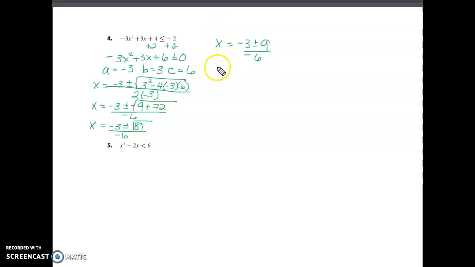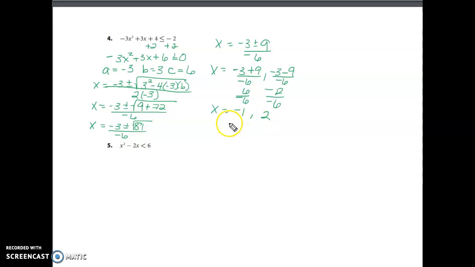And then this is where we separate it. So x is equal to negative 3 plus 9 over negative 6 and negative 3 minus 9 over negative 6. And 9 minus 3 is 6, so 6 over negative 6 is equal to negative 1. And negative 3 minus 9 is negative 12 over negative 6, which is positive 2.